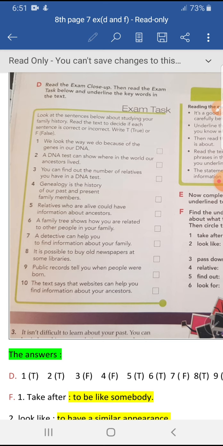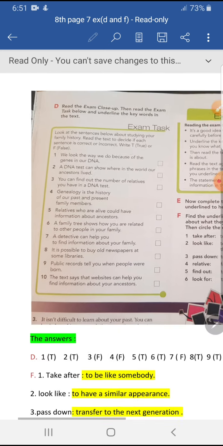And the last one, sentence number 10. The text says that websites can help you find information about your ancestors. Yes, it is mentioned in paragraph number 4.